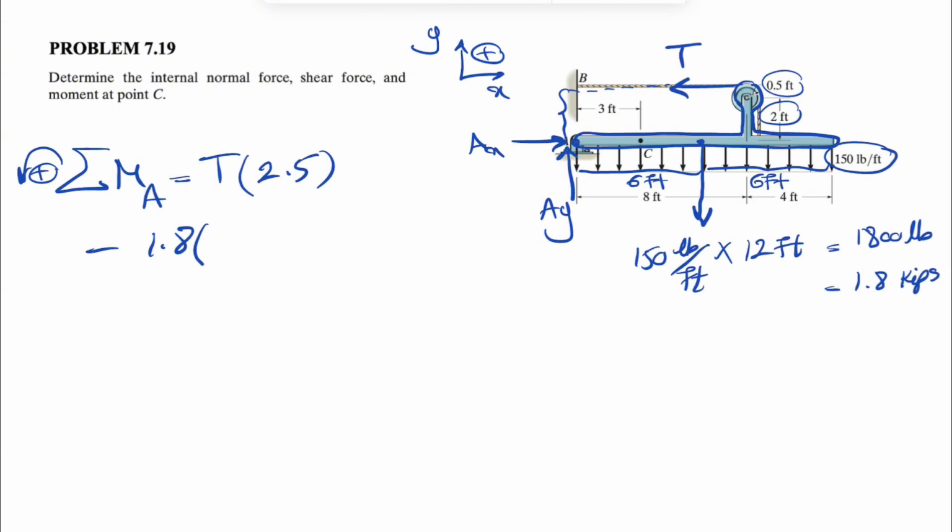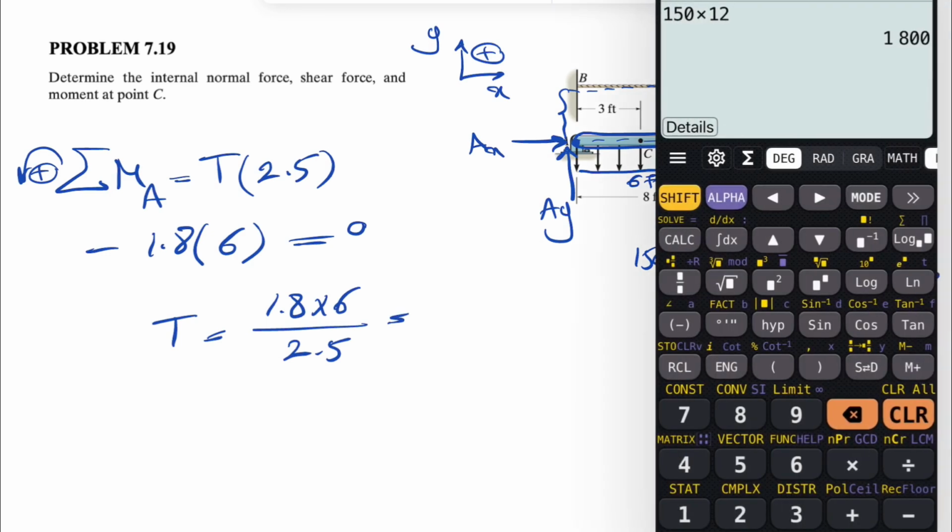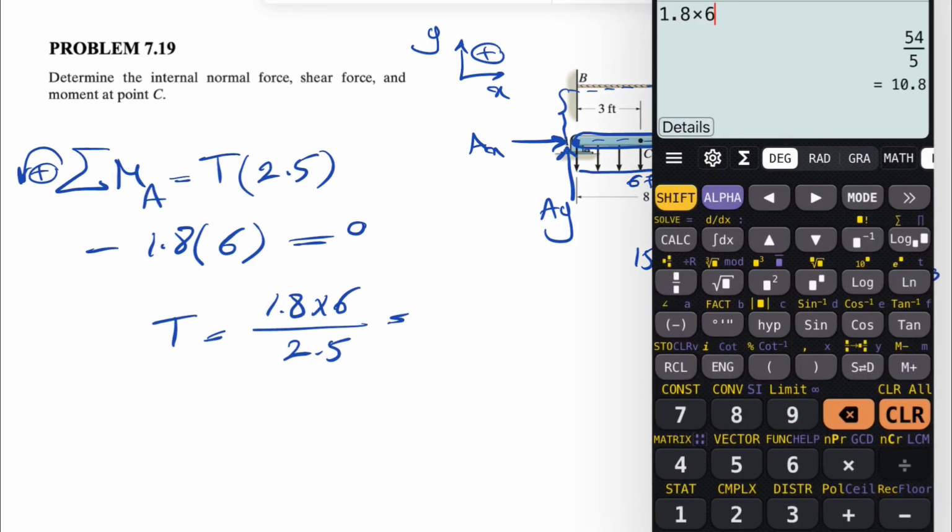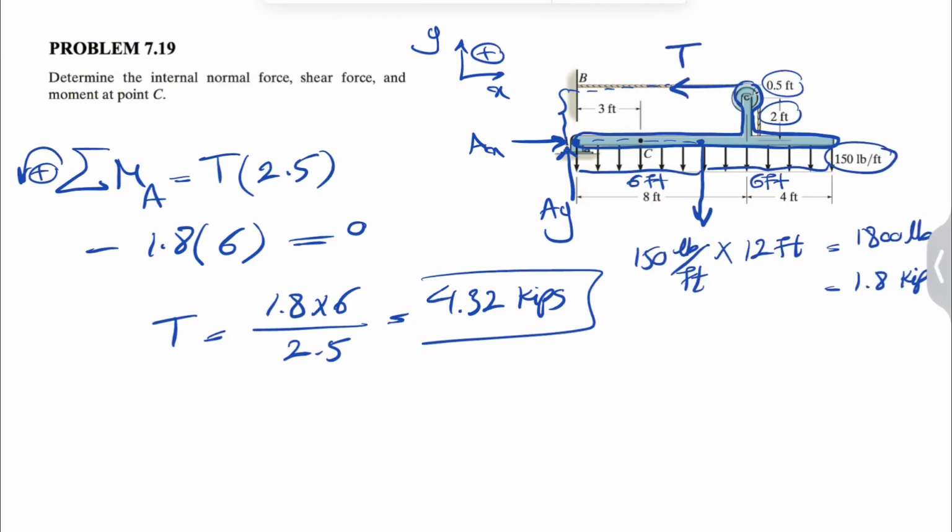Again, the vertical distance from A to the line of action, so A to the center of this distributed load, which is 6, equals 0, and we should be able to find T in kips. T equals 1.8 times 6 divided by 2.5. That's going to give us 4.32 kips, which is our tension.